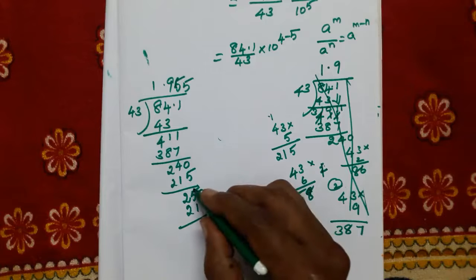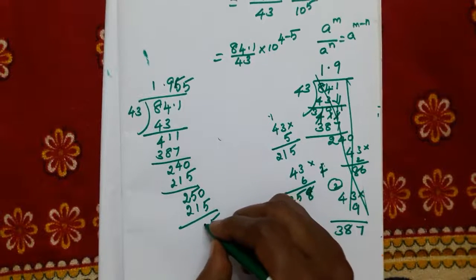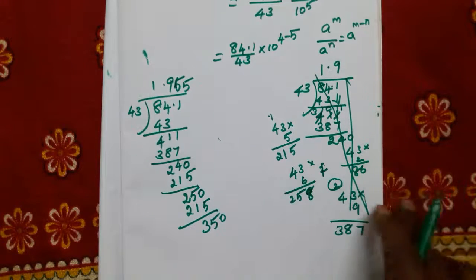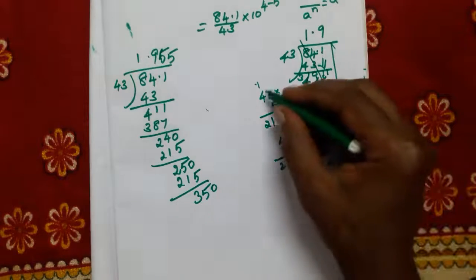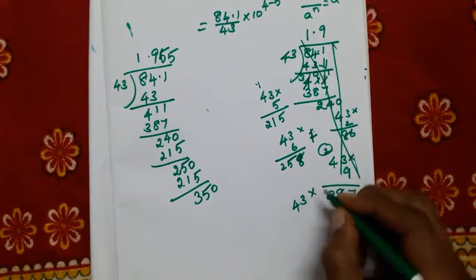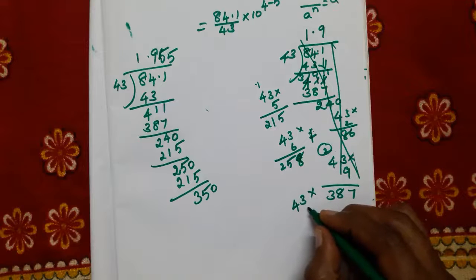When we are subtracting, 5. Next here 4 minus 1 is 3. 0 will be the next number. Next which number will we get? More than 5. Is it 7? 43 into 7, 8?